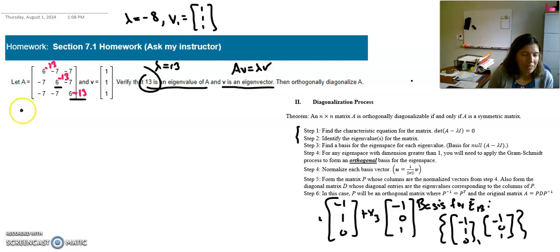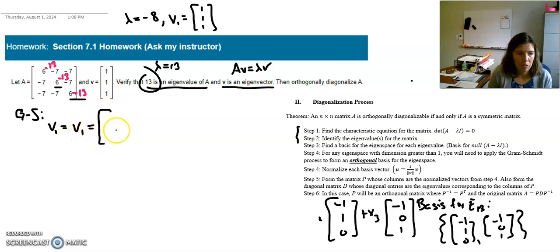Anyway, okay, so Gram-Schmidt, I'm just going to do G-S. That's what we're doing right now. Remember with the Gram-Schmidt, if you look at your 6.4 notes, we let V1 just be the first vector in your set. So negative 1, 1, 0, we'll just take that vector as it is.